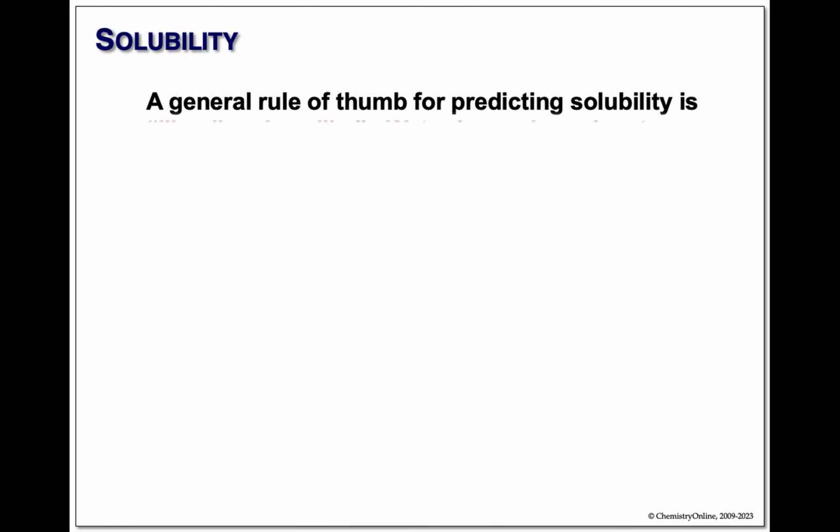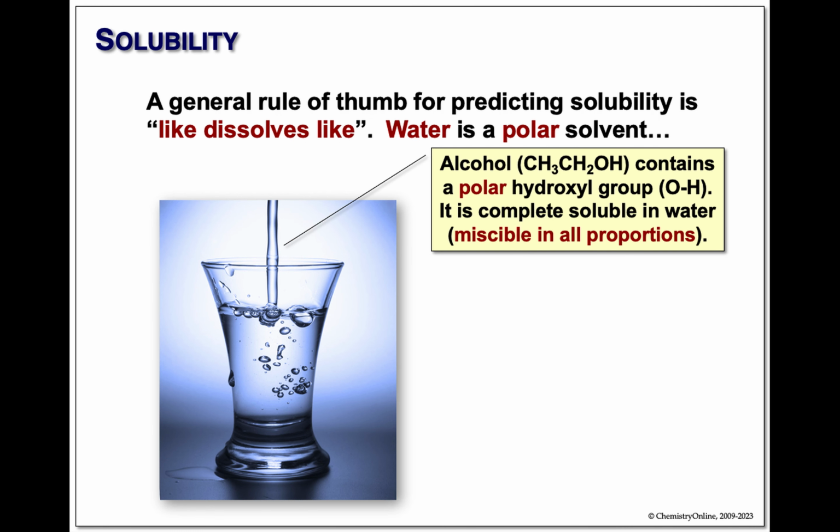There's a rule of thumb for solubility, and it's simply like dissolves like. What we're comparing here is polarity. If we have a polar solvent and we have polar covalent bonds, they are very likely to dissolve in each other.